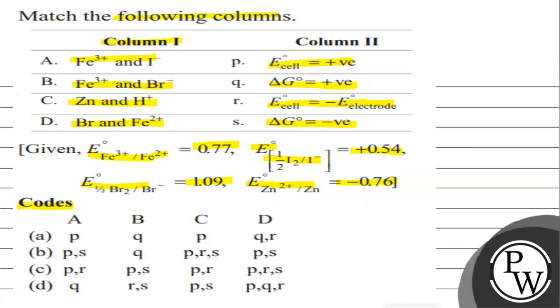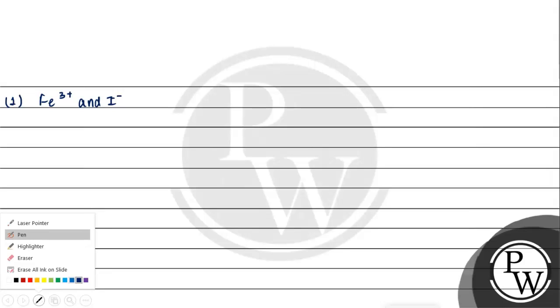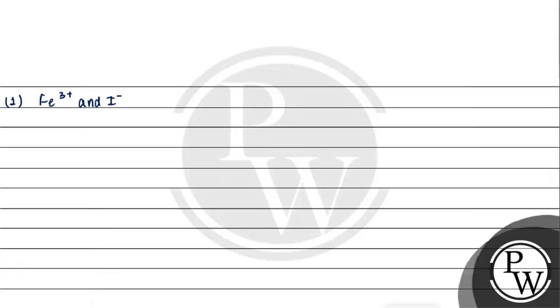The first option that has been given to us is Fe3+ and I-. तो अगर हम इसका देखें, Fe3+ की ज्यादा हाई E° वैल्यू है, तो इसमें जो रिएक्शन आकर होगा, Fe3+ will get reduced.